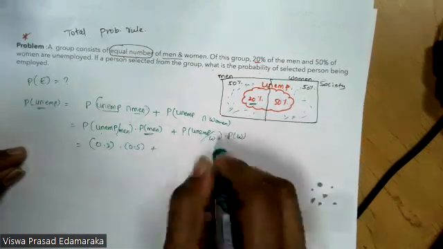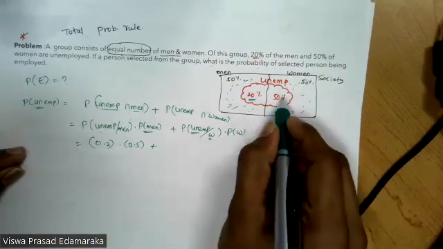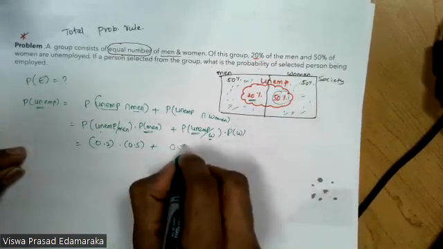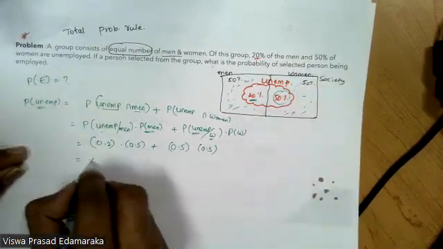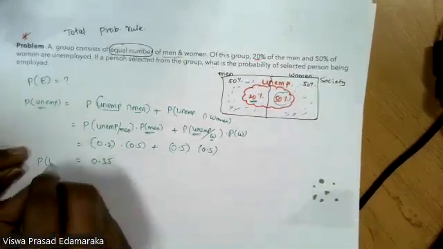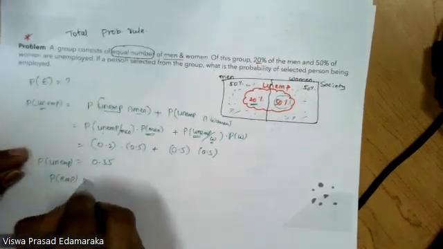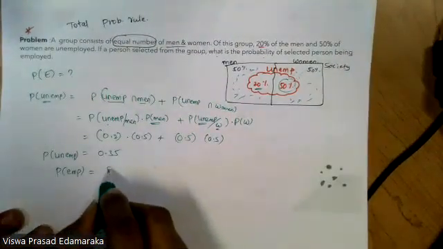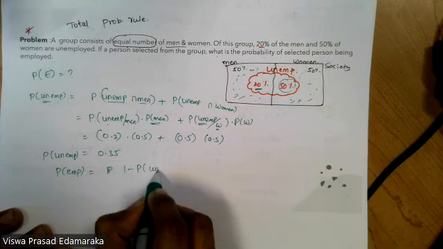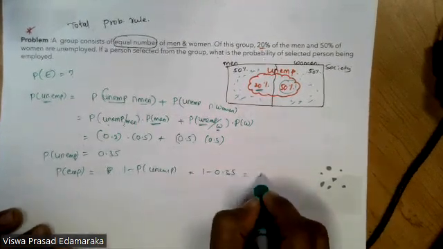Being unemployed and a woman is 50%, 0.5. As we know, woman is 0.5. After calculating, 0.35. We know the probability of unemployed. Probability of employed is equal to 1 minus P of unemployed. That is 1 minus 0.35, which equals 0.65.